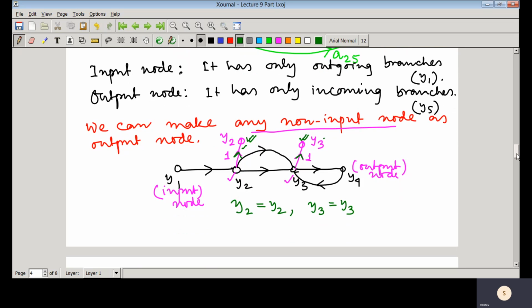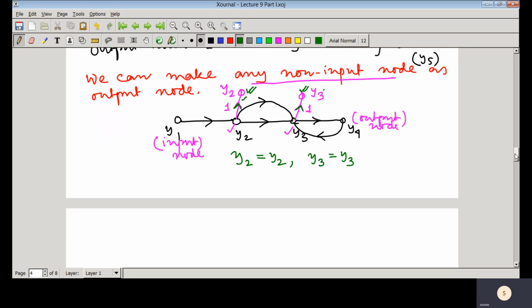So now what happens in case of input node? Another statement is, and this is very important, we cannot make any node as input node.